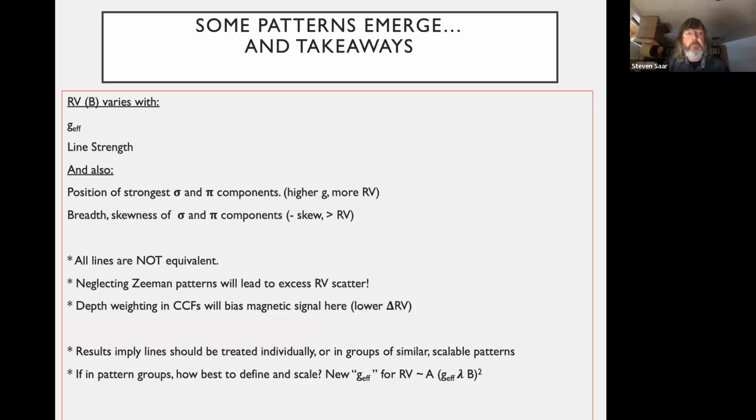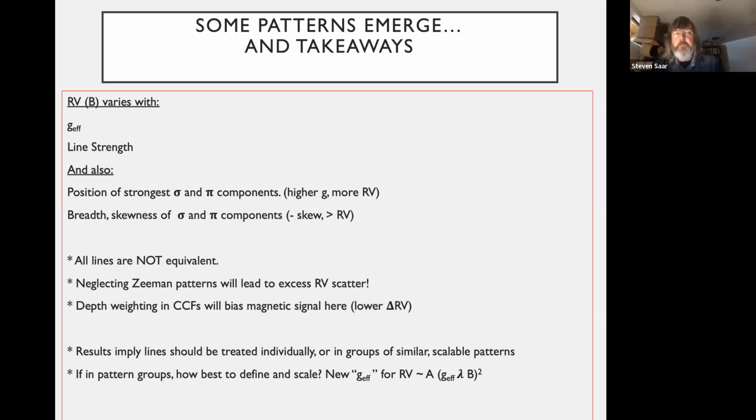So here are some patterns that seem to be emerging, and I can go back and point them out a bit more. As expected, the RV due to magnetic fields themselves varies with lambda G and with line strength, but also with the position of the strongest sigma and pi components. It seems to be a fairly important factor here.